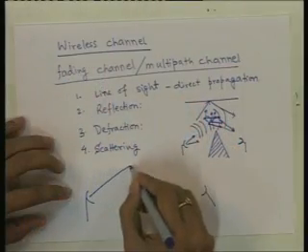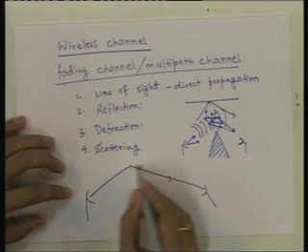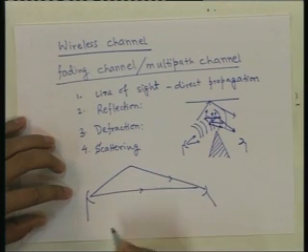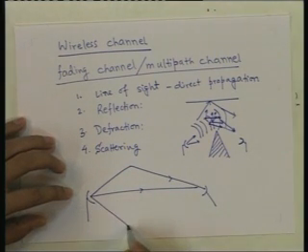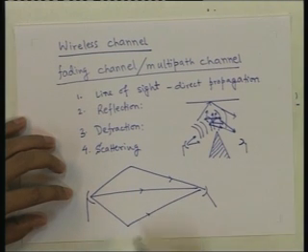And as one can now see, signal propagates from the transmit antenna to the receive antenna by travelling through multiple paths. It may be getting reflected from somewhere, it may propagate directly along one path, it may get scattered from somewhere and reach the receiver antenna along one path.